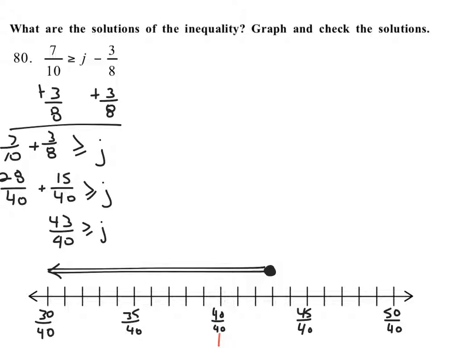It says check the solutions. So what it really wants us to do is plug in. First, we have to do a two-part proof. I'm going to write the original inequality. 7/10. I know this is tricky because it's fractions, but that's okay. We're practicing fractions.